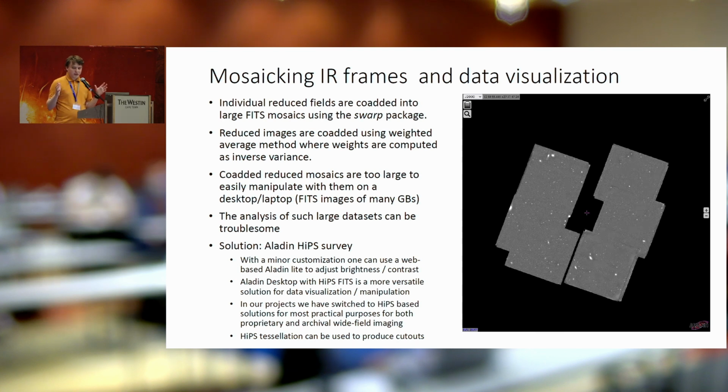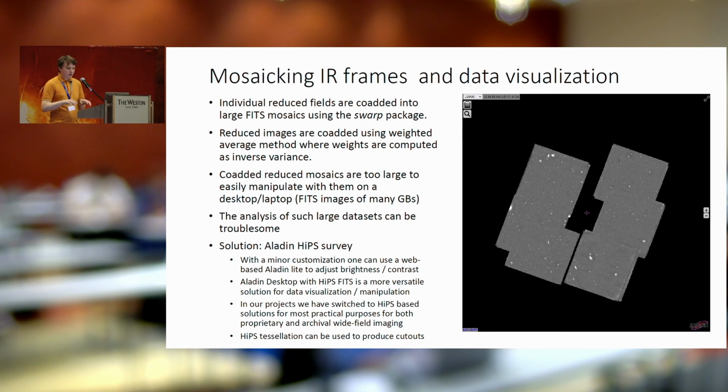But for such huge fields of view, for such huge mosaics, using the FITS file is not a good idea, because when you are trying to analyze some objects, maybe small galaxies, some stars, you need to deal with the whole image, with the whole data set of 12 gigabytes.